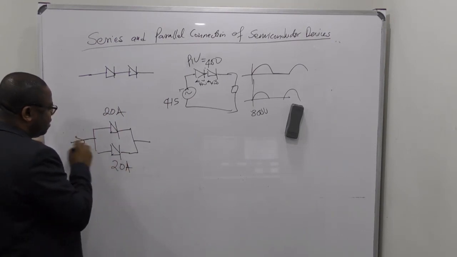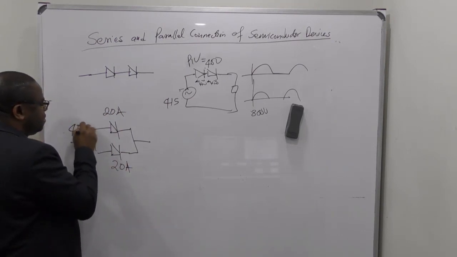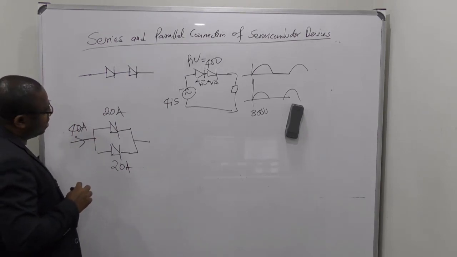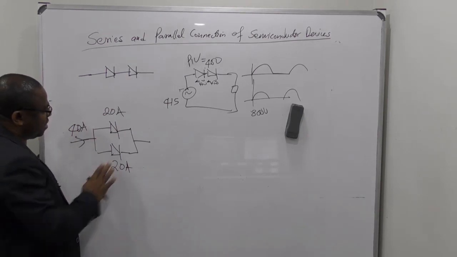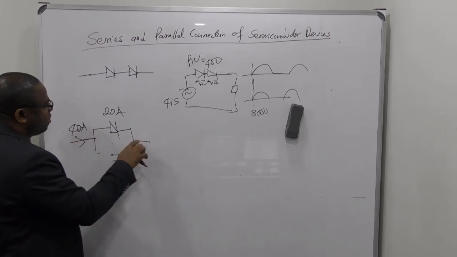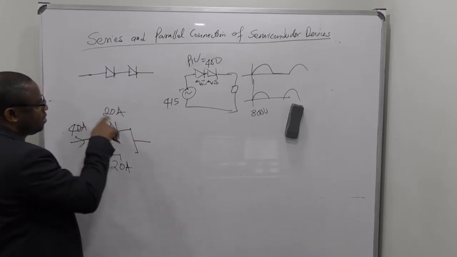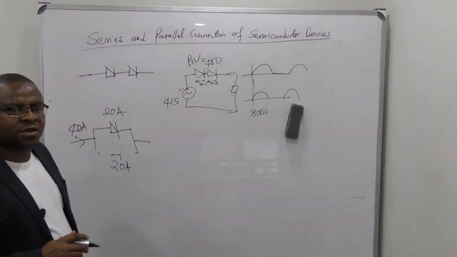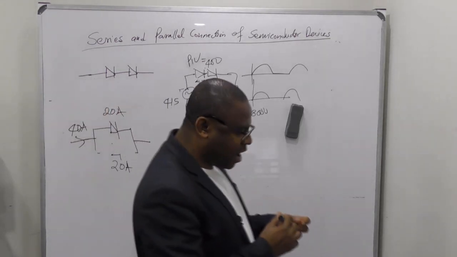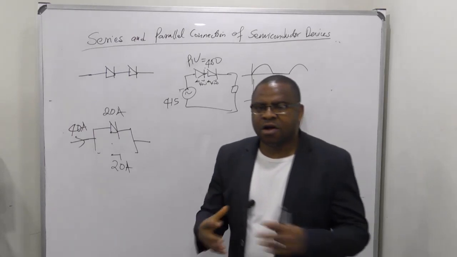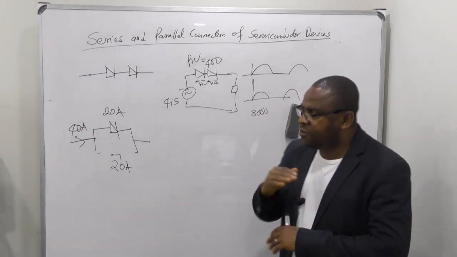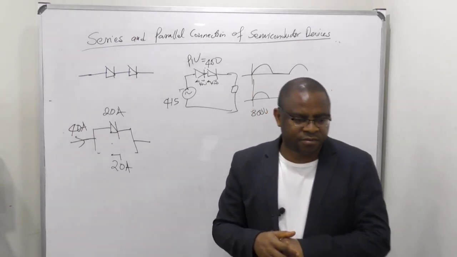It means that this can take care of 40 amps. So if you make a mistake and this is not there, current flowing through here is 20 amps, and this is 40 amps, and this is 20 amps, you are going to destroy that diode. So when you want your system to carry more power or more current, you put them in parallel.